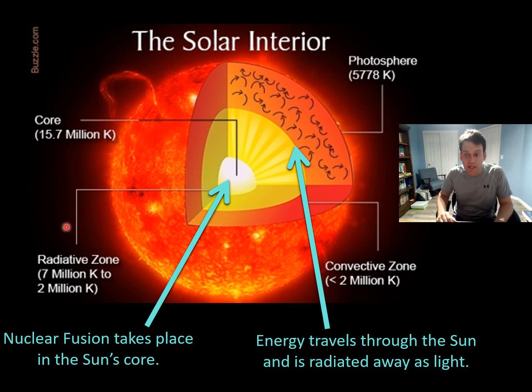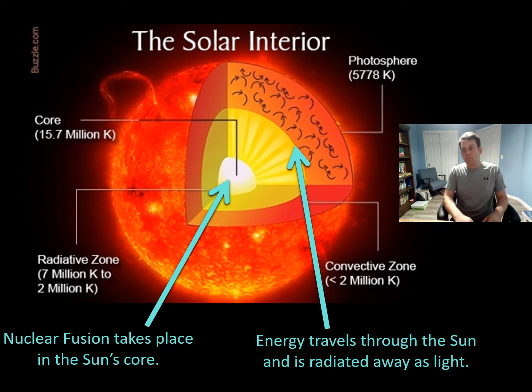Again, not very creative, but as you may have guessed, it means electromagnetic radiation is the dominant mechanism of energy transport. And we'll say more about that. And then finally, in the center of the sun is a relatively small portion. I mean, it's bigger than the Earth, okay? So it's not small on that scale.